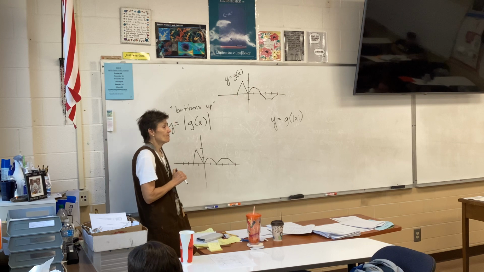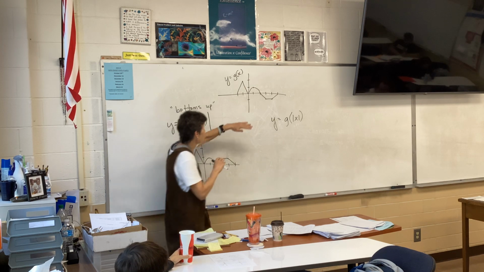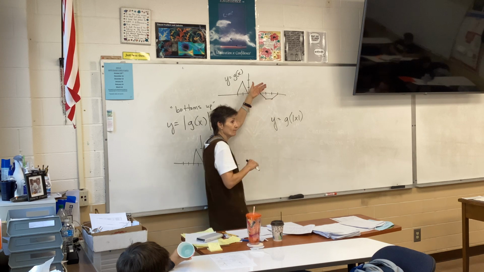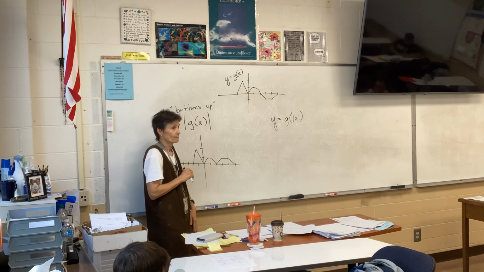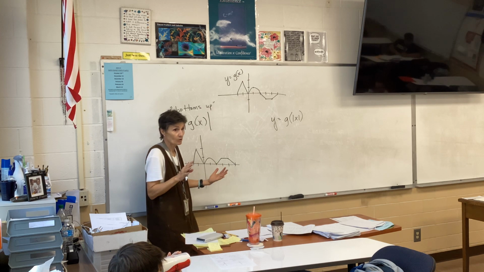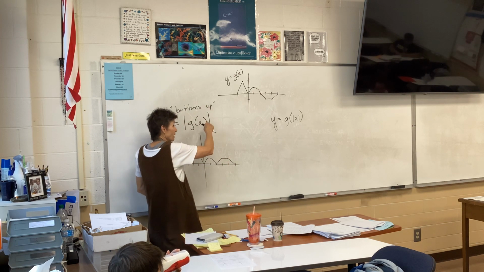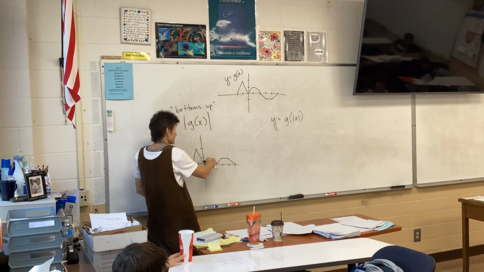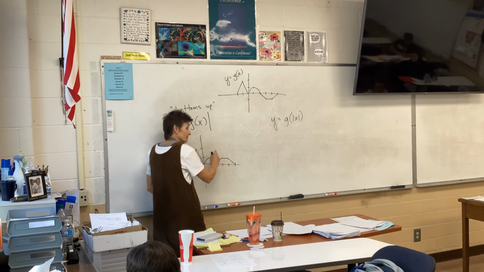To graph the absolute value of the whole picture, you just take whatever's underneath the x-axis and fold it up. That's it. That's all there is to it. So remember, this is bottoms up. The top stays fine and the bottom comes up. That's it.